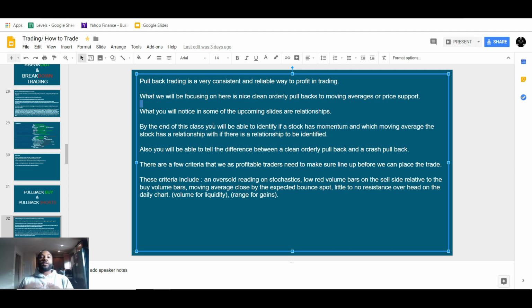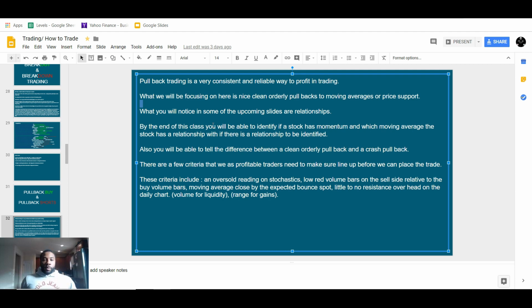So I want us to focus on price history in relation to the moving averages. We're going to get into some examples, but let's just try to understand this.